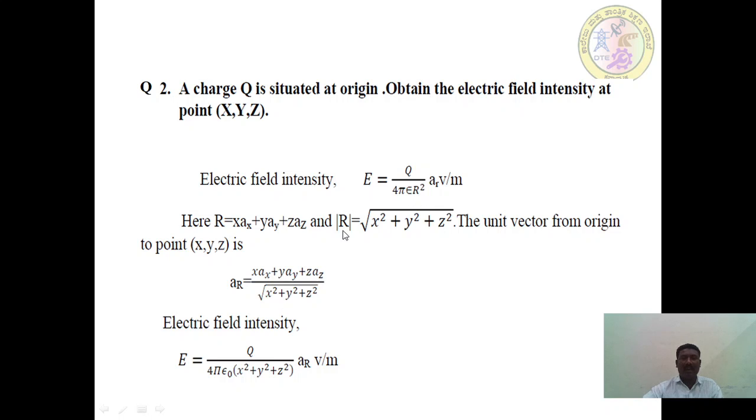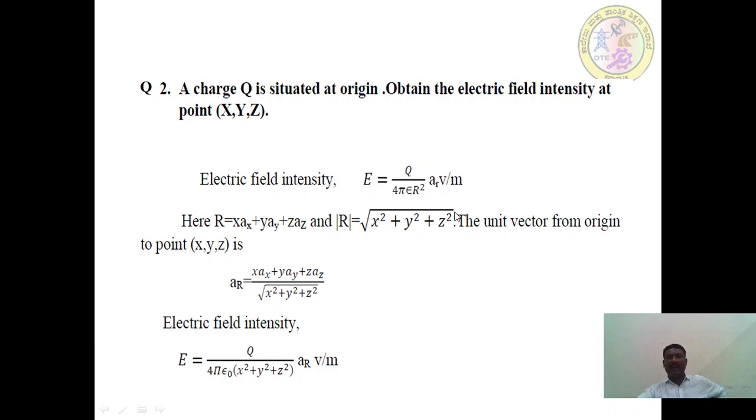The R value is nothing but R is equal to X ax plus Y ay plus Z az. Therefore you are getting this value of R. R square is X square plus Y square plus Z square.